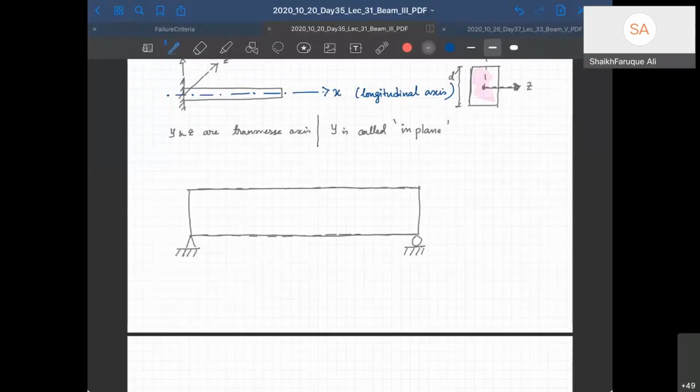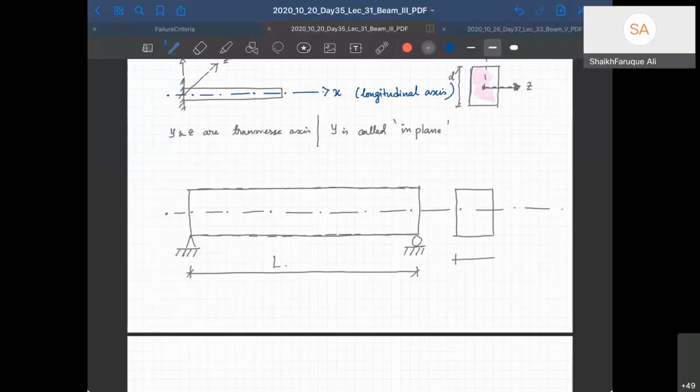All right, this is the longitudinal axis. Okay, this is how you draw a beam, and then here is the cross section, right? So this is L. This is width, right? So width we'll write as B, and this is called depth. We write it as D.